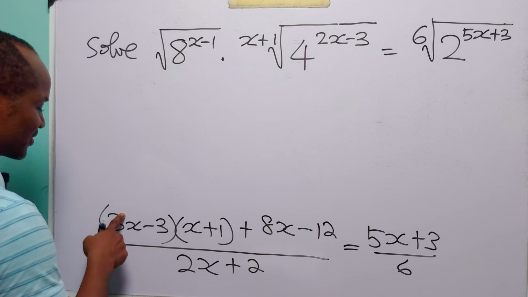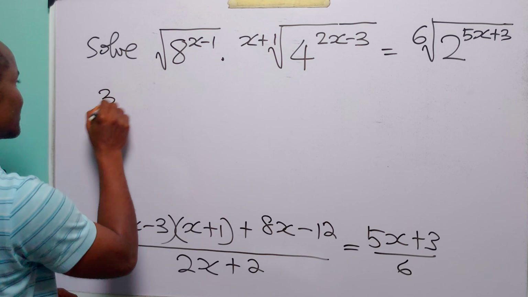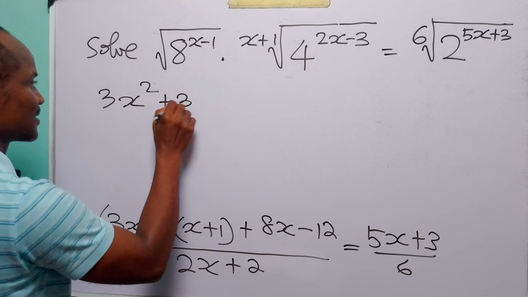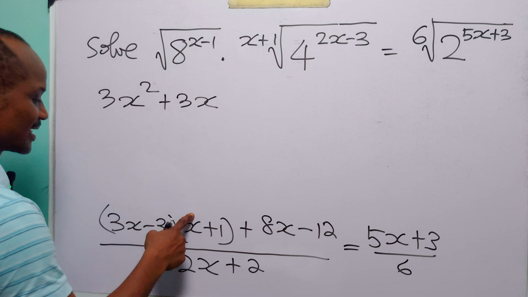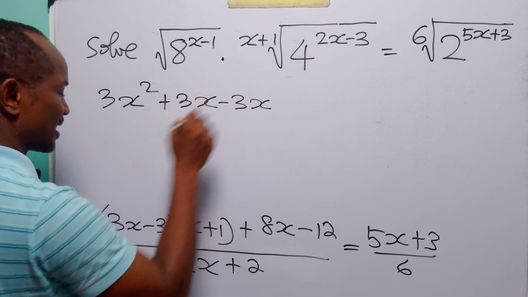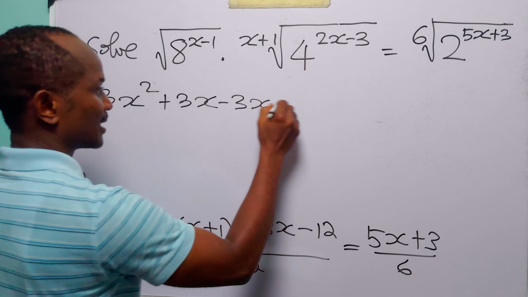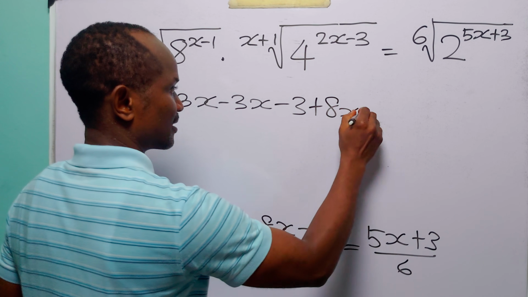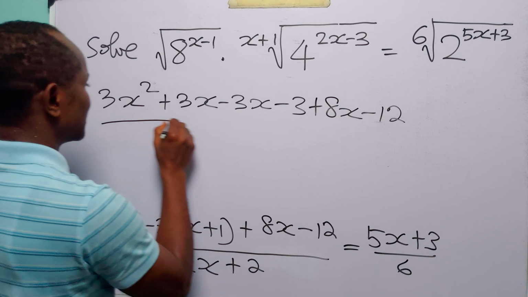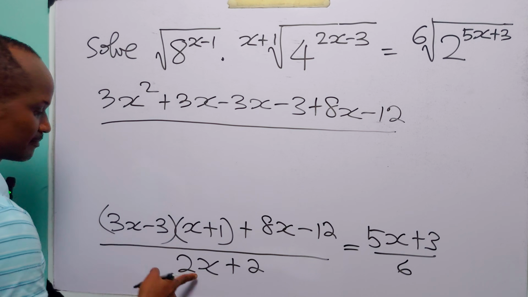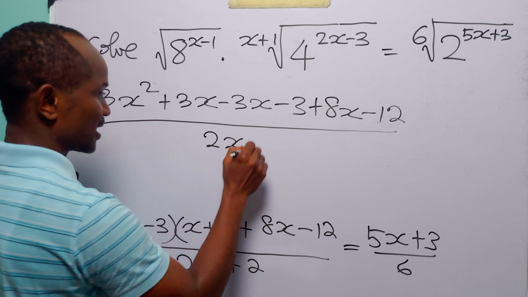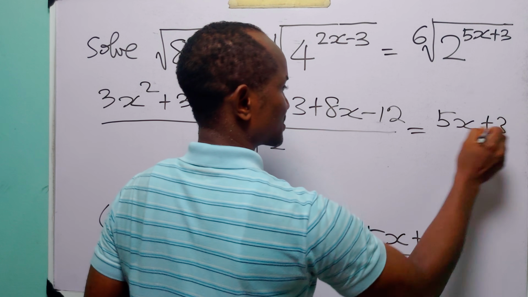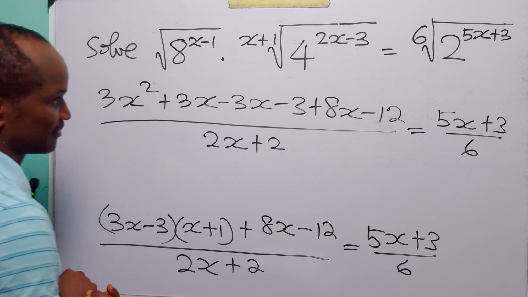Now, expanding this, we have 3x times x, that is 3x squared. 3x times 1, that is 3x. Minus 3 times x, that is minus 3x. Minus 3 times 1, that is minus 3. Then we have plus 8x minus 12, divided by 2x plus 2, and this is equal to (5x plus 3) over 6.